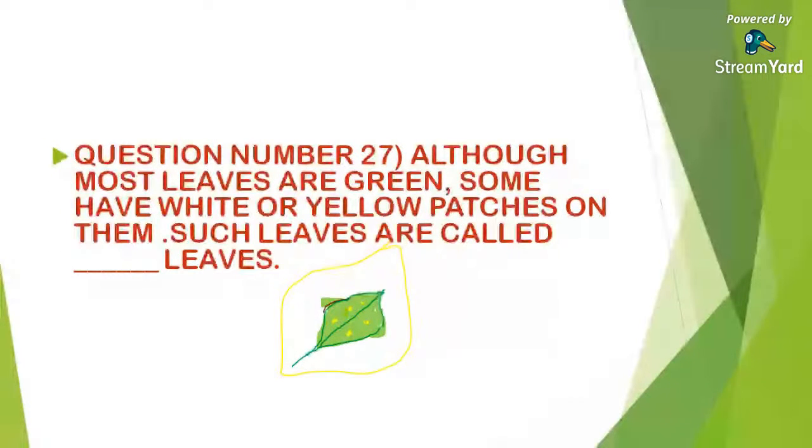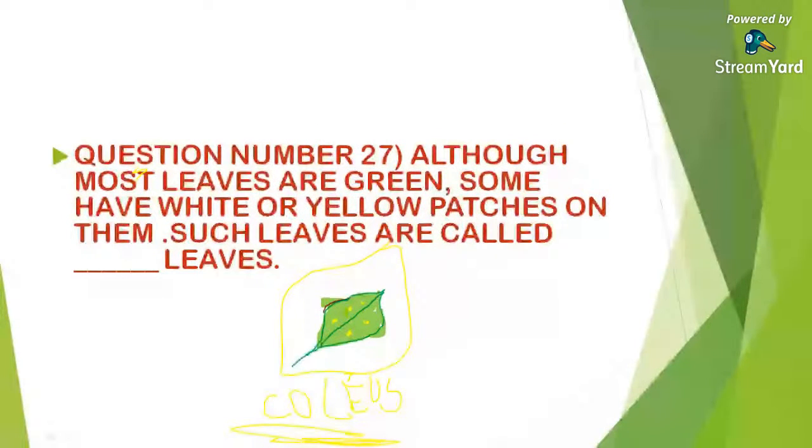Coleus. Clear? This is variegated leaves. Clear? Very good. Ayushi, very good. Very correct answer you have given.